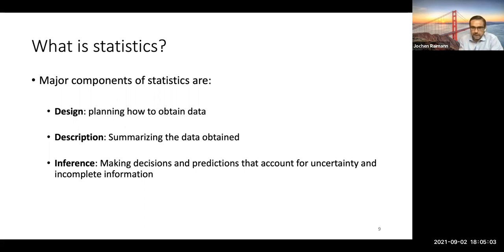Then we have description. When you have data, you will try to make sense of your data in two different ways. You firstly will describe it because you need to get a feel for your data. You need to understand how that data looks. How often was it measured? How does it distribute? We will learn what that all means.